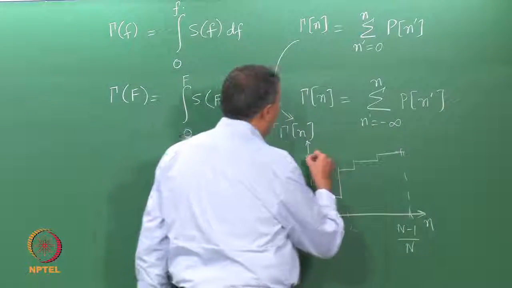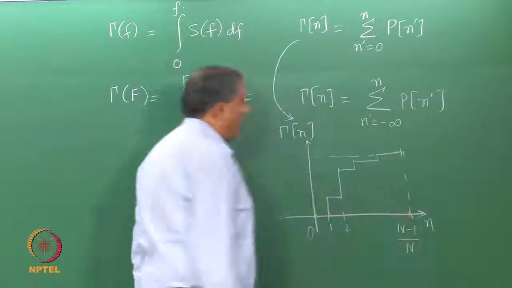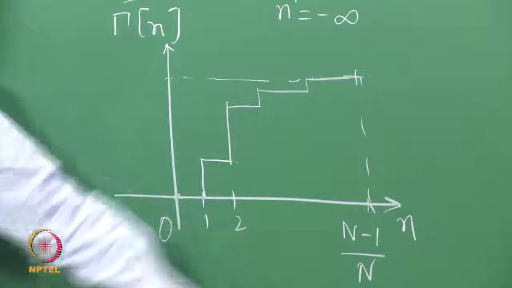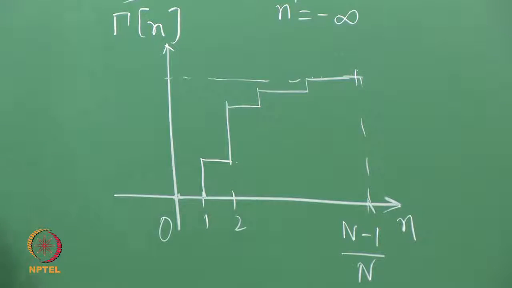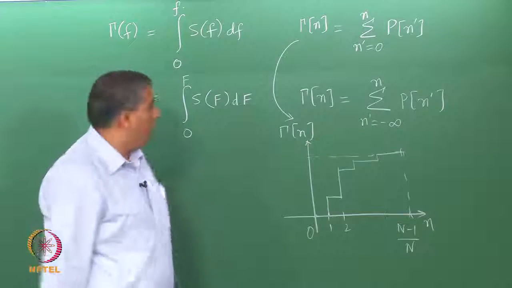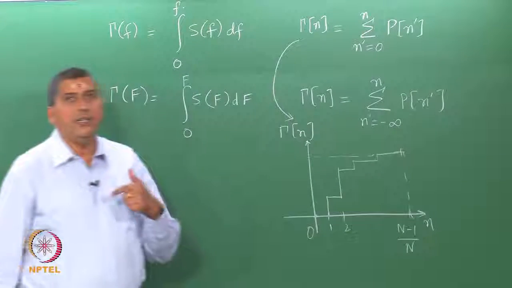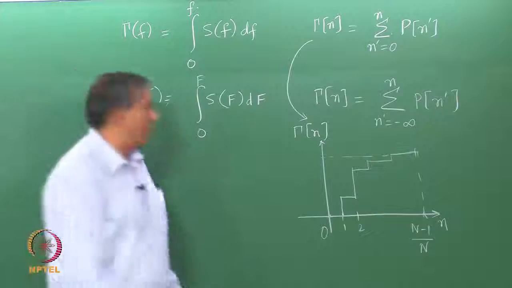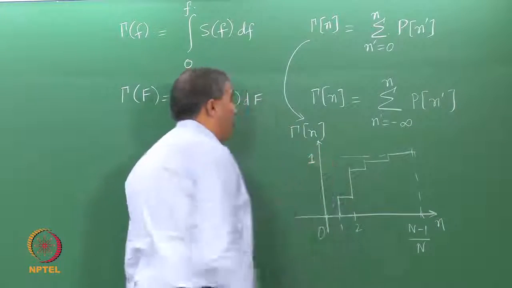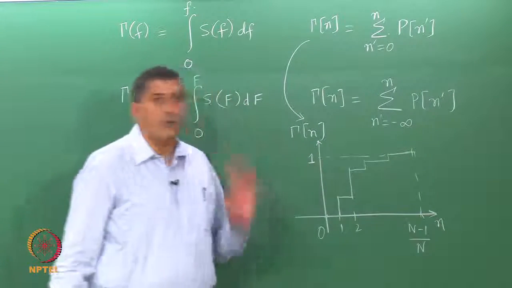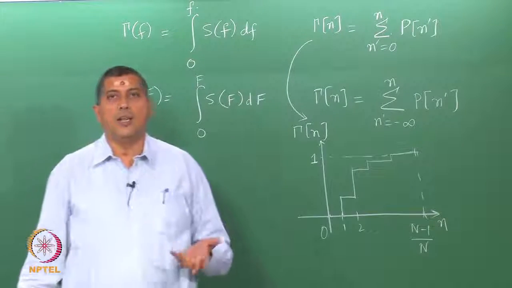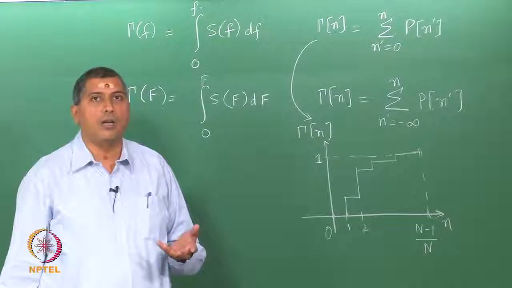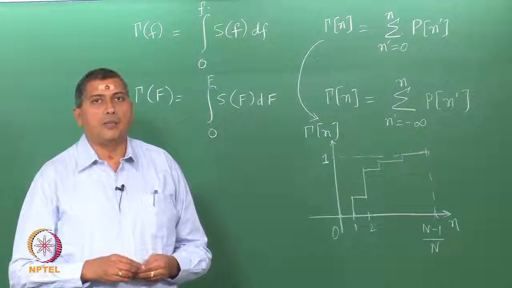So, the value here at n equals big N minus 1 by big N is nothing but the total power in the signal. Now, if I normalize the discrete time periodic signal to have unit power, then the value at this n will reach a value of unity. Then we say that signal has been already normalized, and this is called the normalized spectral distribution.